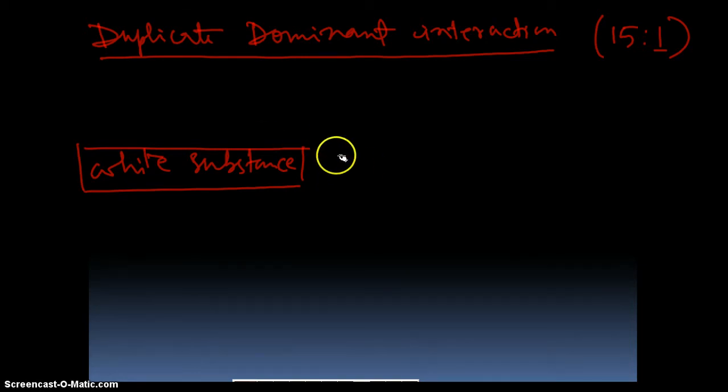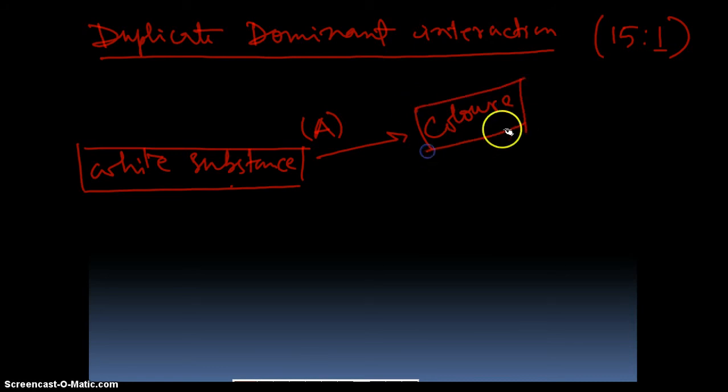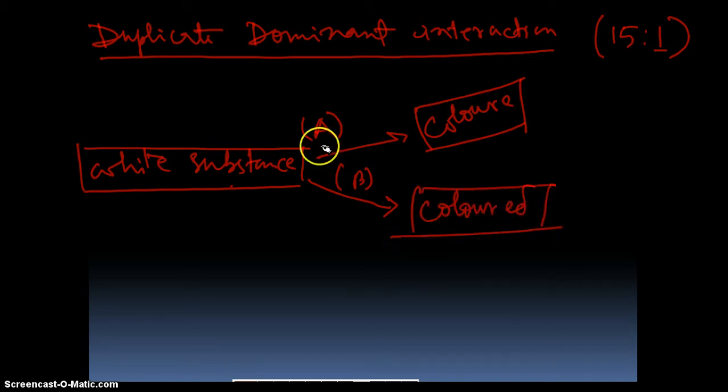When capital A is present, this gene encodes an enzyme that works on this substance and produces a colored product. When the B gene is working, here also the product will be colored. So if either A or B is present, it will form the colored product. If none is present, the product is white.